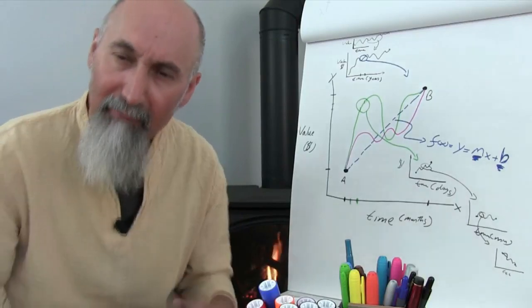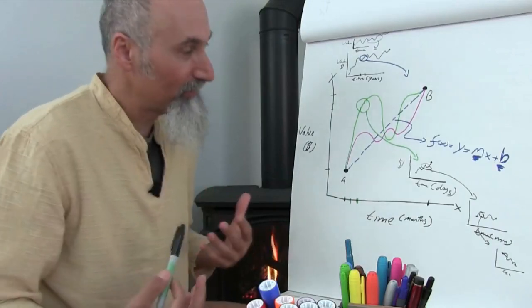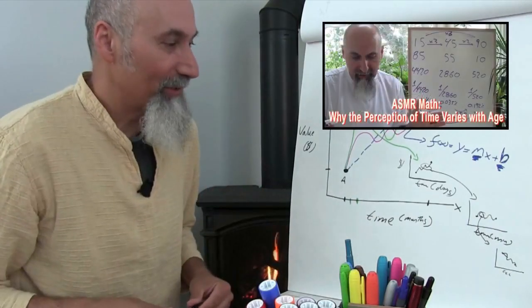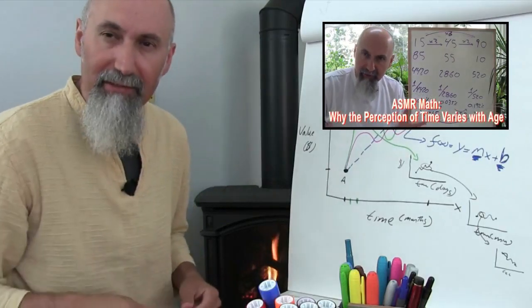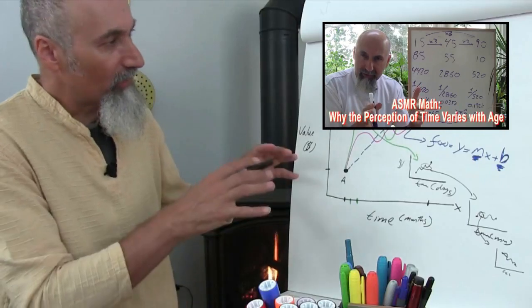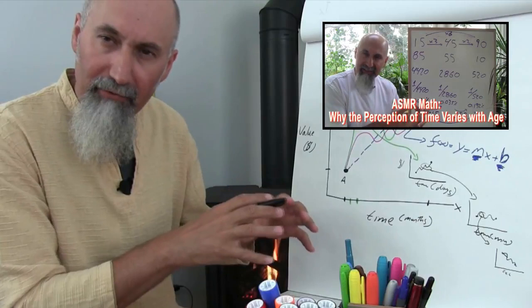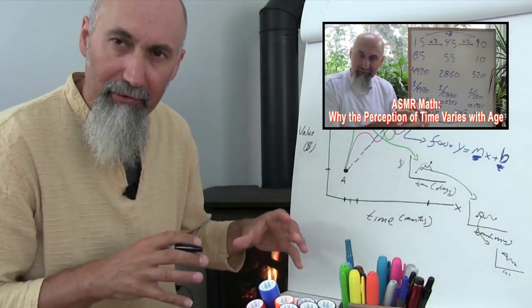Keep your timeline in mind. And we talked a little bit about this, sort of planted seeds in a previous ASMR math video, where we talked about how the perception of time may vary with age, right?